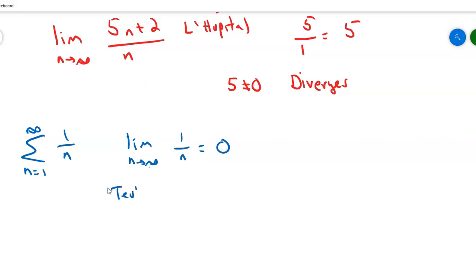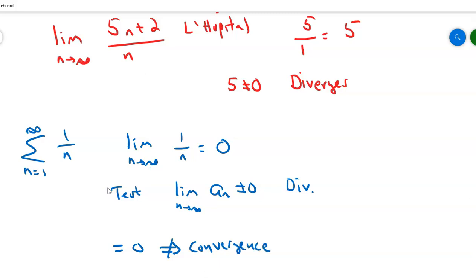Now, the nth term test said that if the limit of a sub n was not 0, it diverges, but it doesn't say what we do if it is equal to 0. Well, if it's equal to 0, that doesn't mean that it converges.